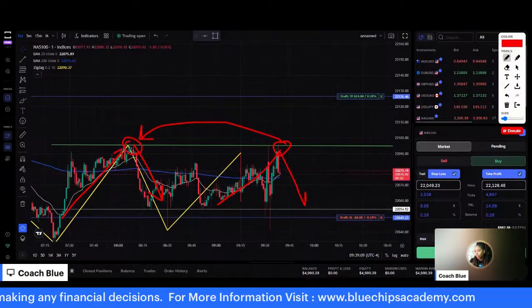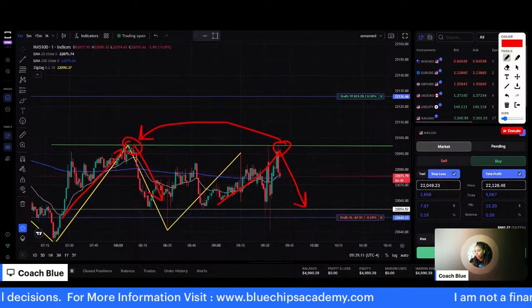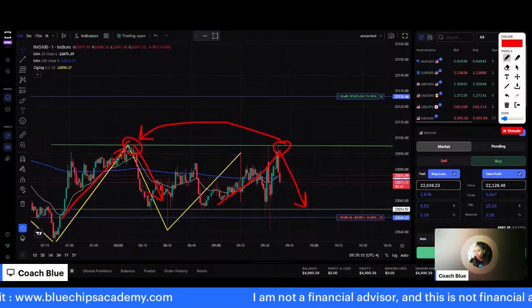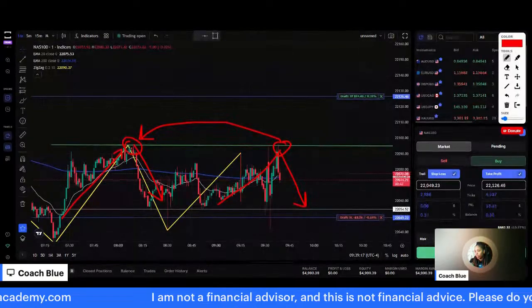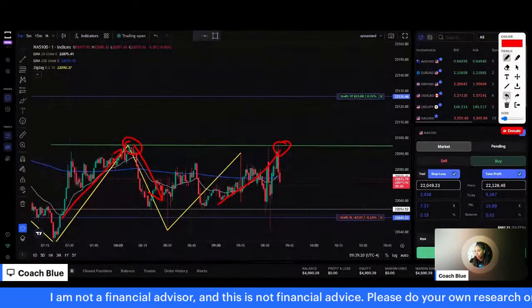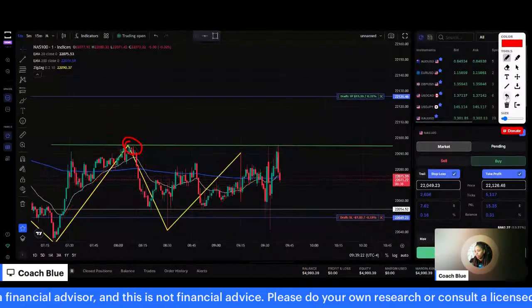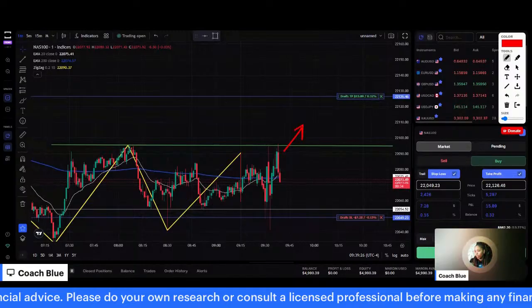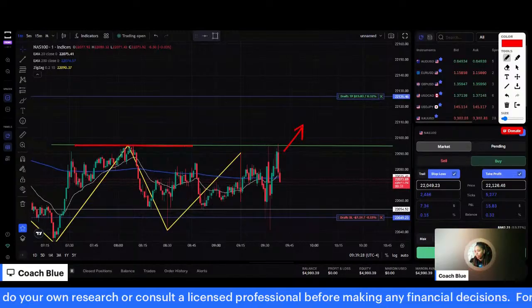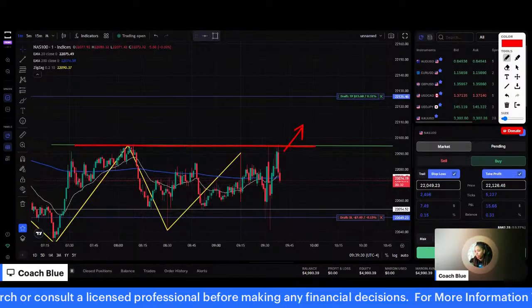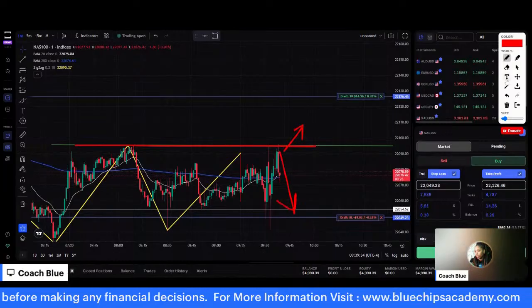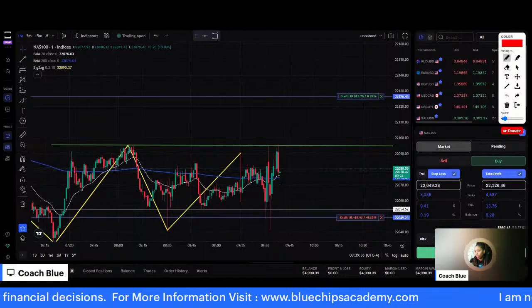Price is trying to push down. So this is not uncommon. This is not surprising at all, because it's already shown us in the past that it wants to push down at this level. The buyers are just going to have to come in with a lot of force if they want price to go past this area. There's sellers sitting right here waiting for price to come up so that they can push price down. Okay?